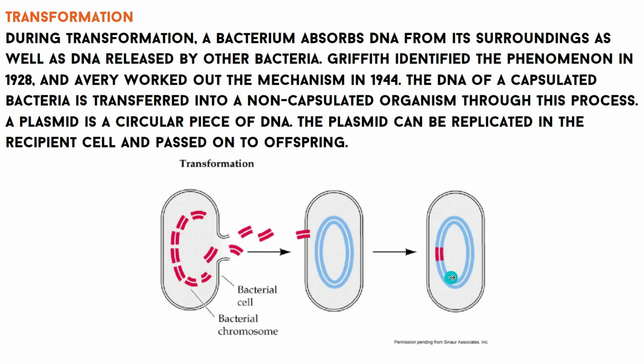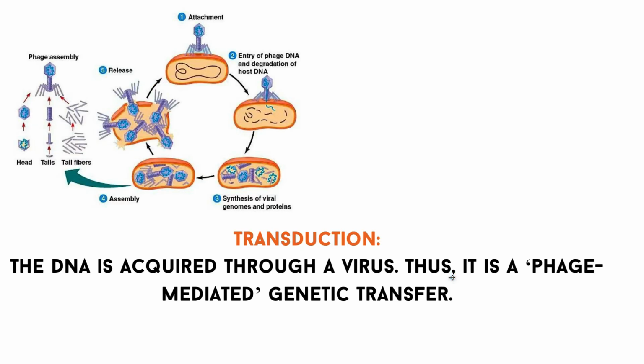its genetic material. Next comes transduction. Transduction is a process that happens with the help of a bacteriophage. The bacteriophage tries to infect the bacterial cell, and with the help of the host machinery and the genetic information of the host, it tries to multiply.